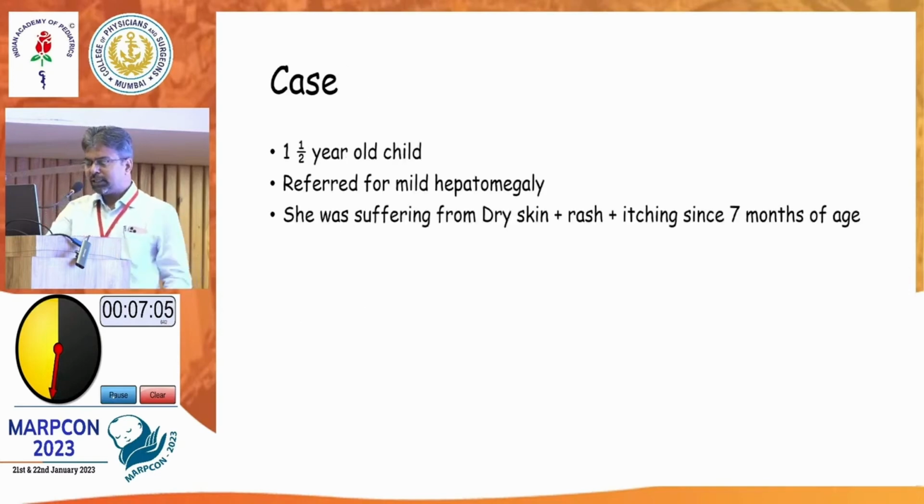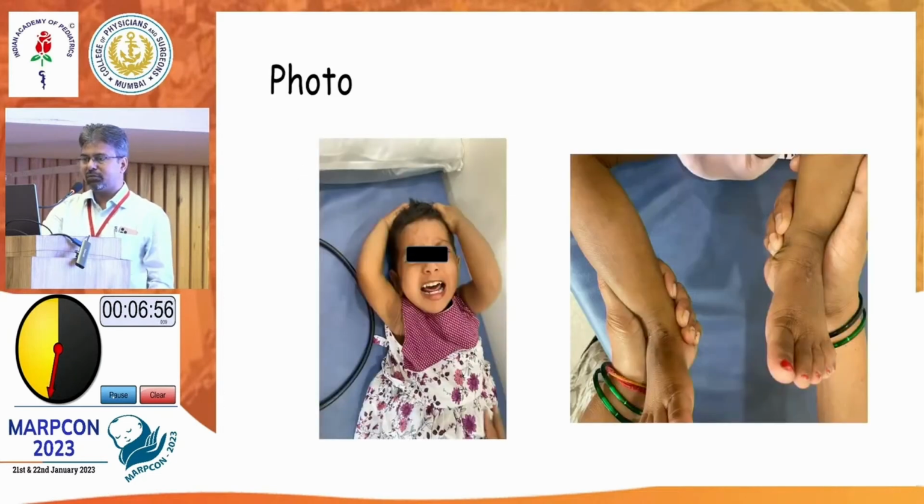So another case, this is a 1.5-year-old child, referred in view of hepatomegaly, and she was suffering from dry skin, rash and itching since 7 months of age. Look at this child, continuously cranky with the skin lesions, and she was treated as atopy followed by eczema, and she was on multiple topical steroids with multiple combinations, and drugs like cetirizine, Atarax, everything was given to this child.